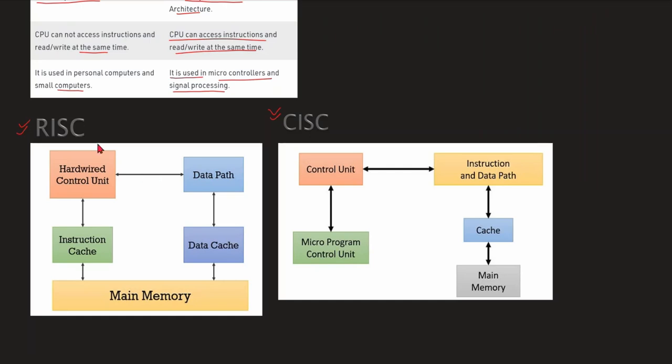This is another way to categorize the architecture of a computer system. There is another way that we can categorize it: the RISC and CISC types of architectures. RISC stands for reduced instruction set computers.